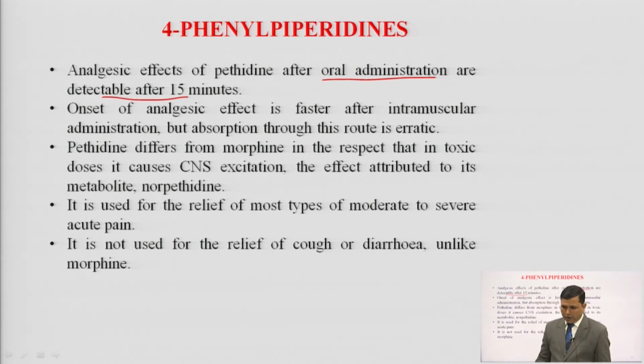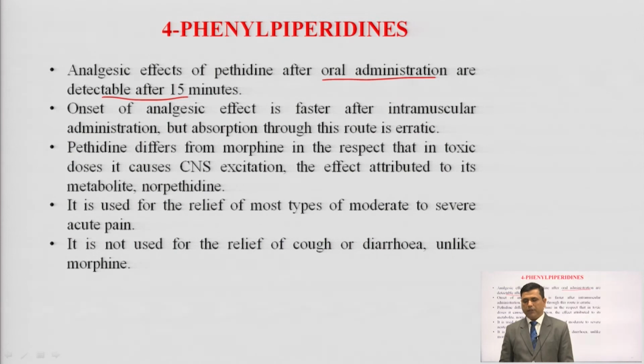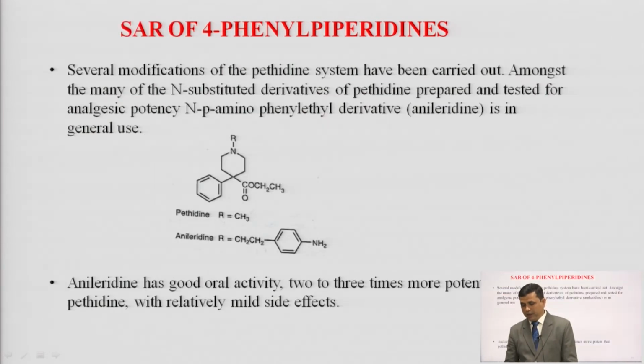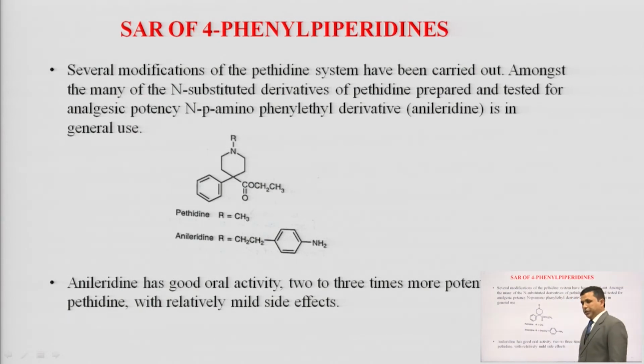At toxic doses, it causes CNS excitation. It is used mostly for the relief of moderate to severe acute pain. It is not used for cough or diarrhea, as morphine is. Now, the structure activity relationship of the 4-phenyl piperidines.